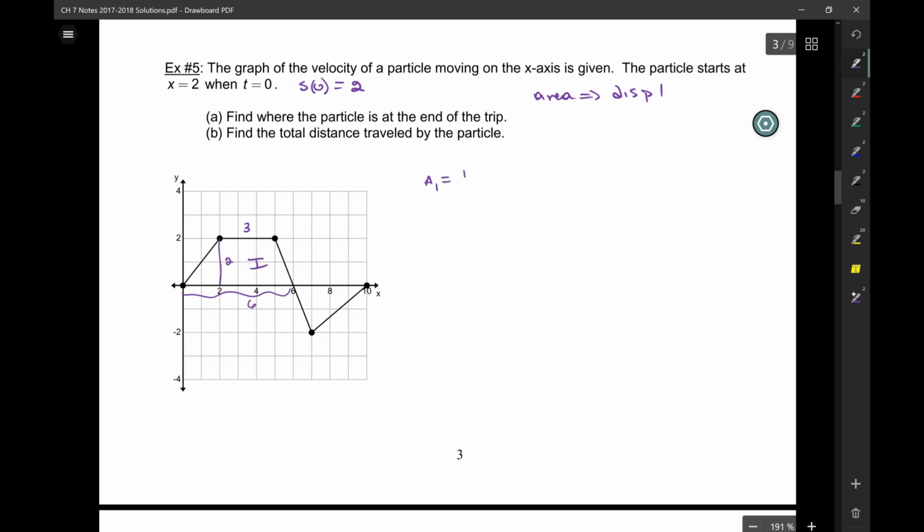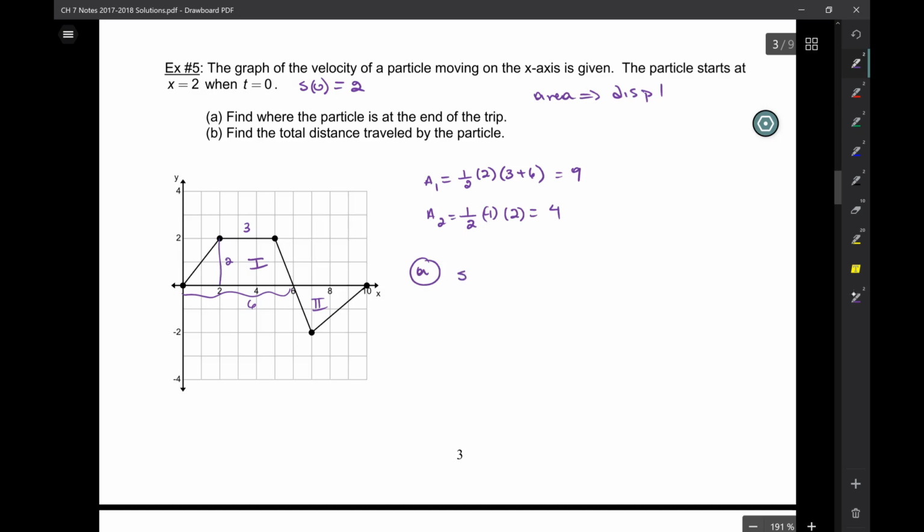Area 1 is half times 2, times 3 plus 6, and that is 9. This is area 2. That's a triangle. It's half the base, which is 4, times the height, which is 2, and that's 4. Now, I'm going to put the negative right now.